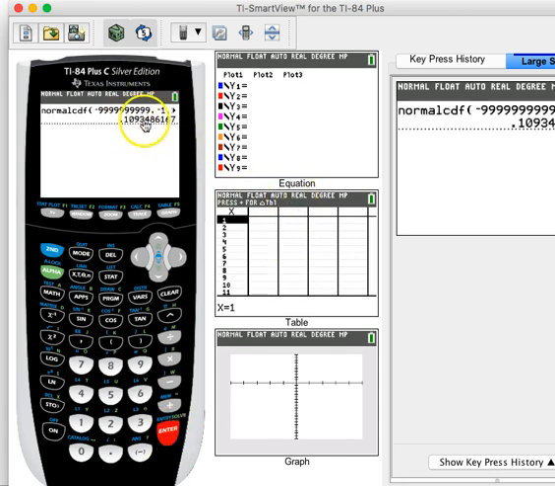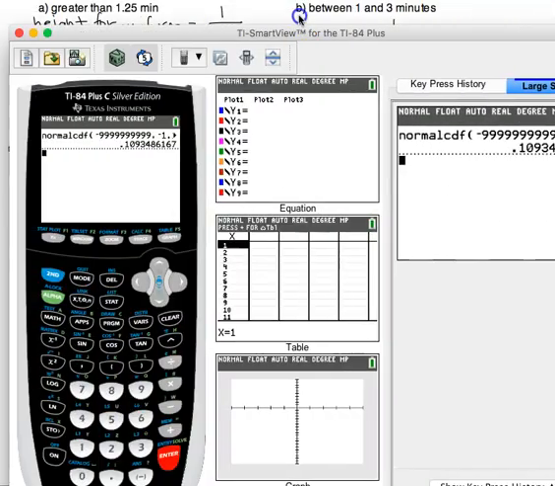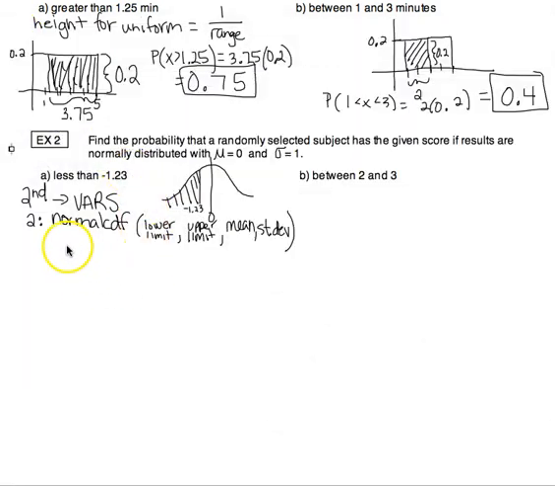And it finds the probability for us. In general, again, we round probabilities to 3 significant digits, which in this case would be 0.109. So that is what we will enter here. So 0.109.